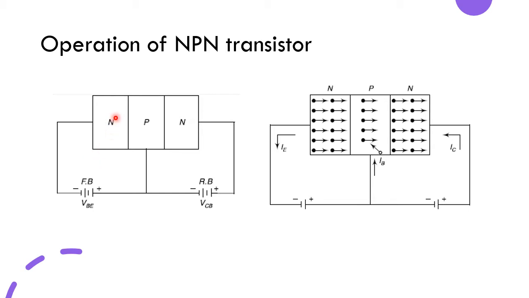Here N type means negative, P type positive. So this part is negative, so negative is connected to negative. Here this P type is connected to positive. So this is the voltage source VBE. It is connected between the emitter and base, so it is named V base emitter. So this is forward biased.